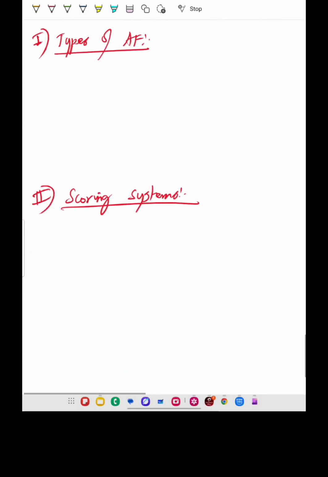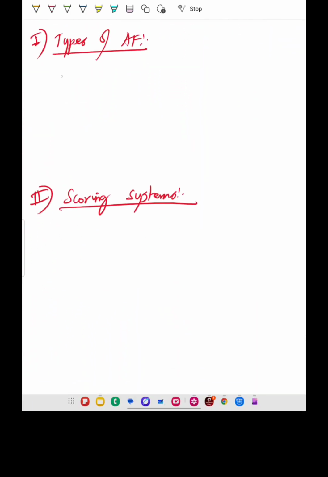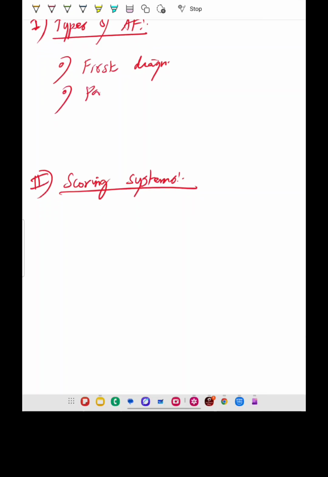So what are the types of AF? When you diagnose a patient with AF for the first time, that is first diagnosed AF. Then you have paroxysmal AF.